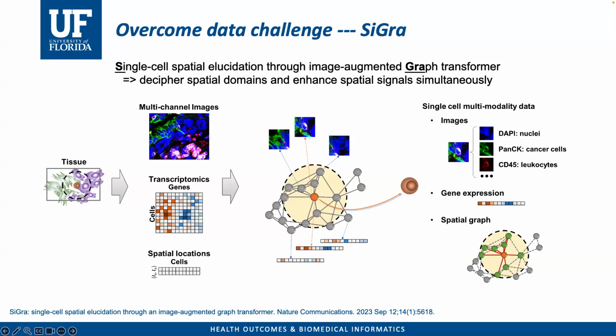But here we have the multi-channel images, the gene expression and the spatial location, this multi-modal data, and we convert all of it. So one is a picture, you take a picture of the tissue. Now, what are these genes, where do you get this transcript data?